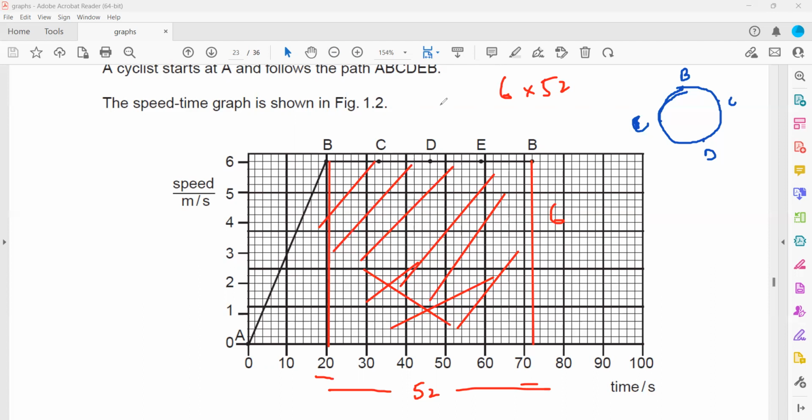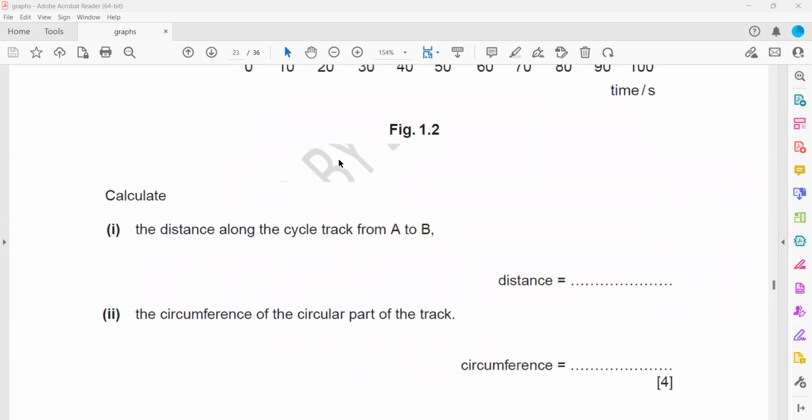How do we understand it is from B to B? Because in the question they mentioned circumference. Circumference means there should be a closed loop, like you should return back to the same point. If, for example, you are at position A, when you move around and return back to position A again, the distance you cover is called a circumference.